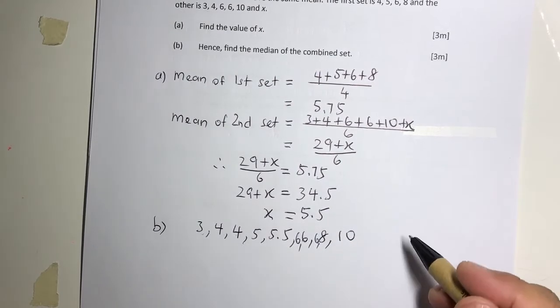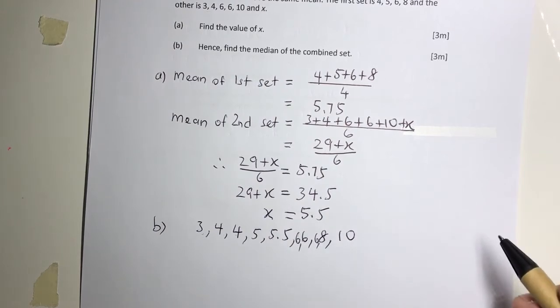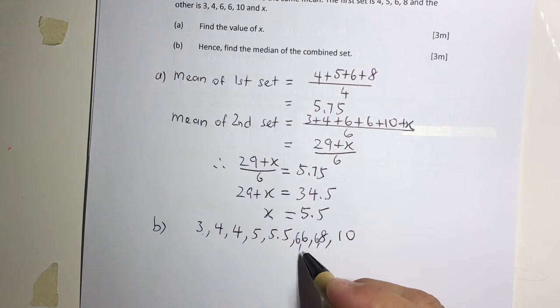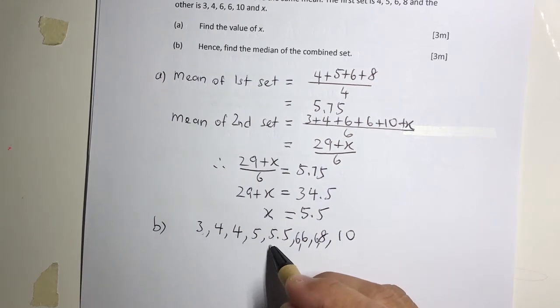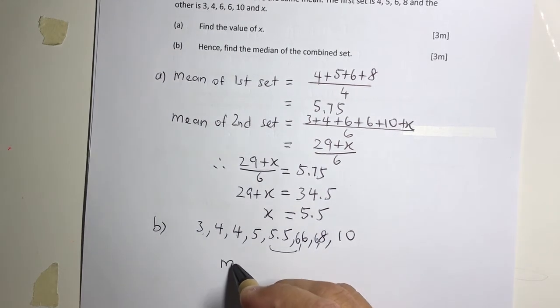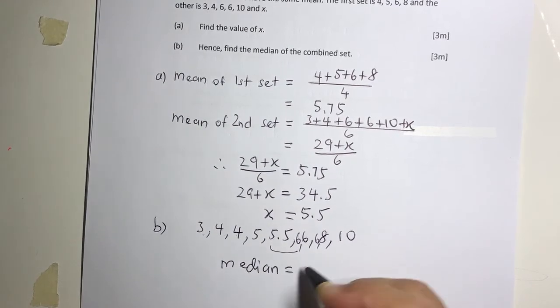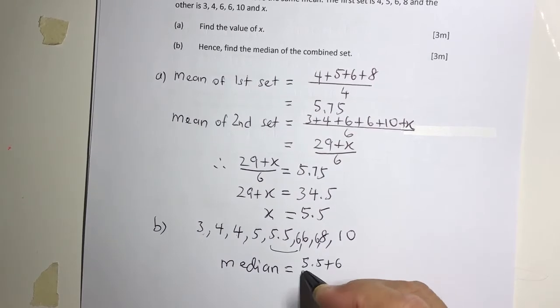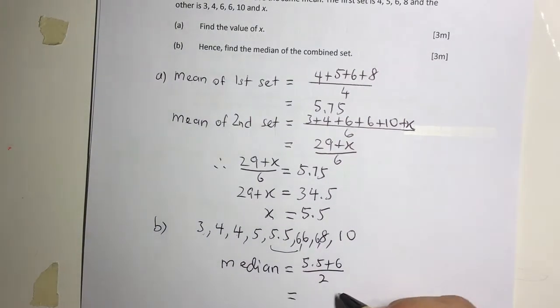So since there are 10 numbers, then the middle numbers will be between the 5th and the 6th numbers, which is here. The median is therefore 5.5 plus 6 divided by 2, which gives us 5.75.